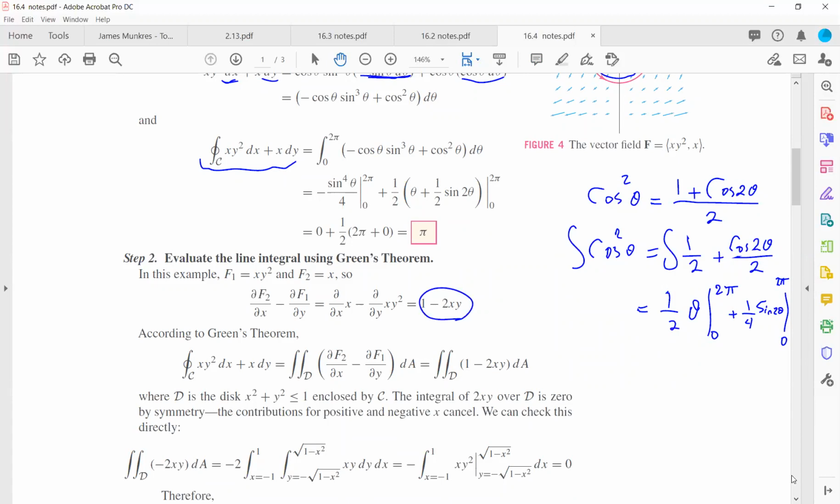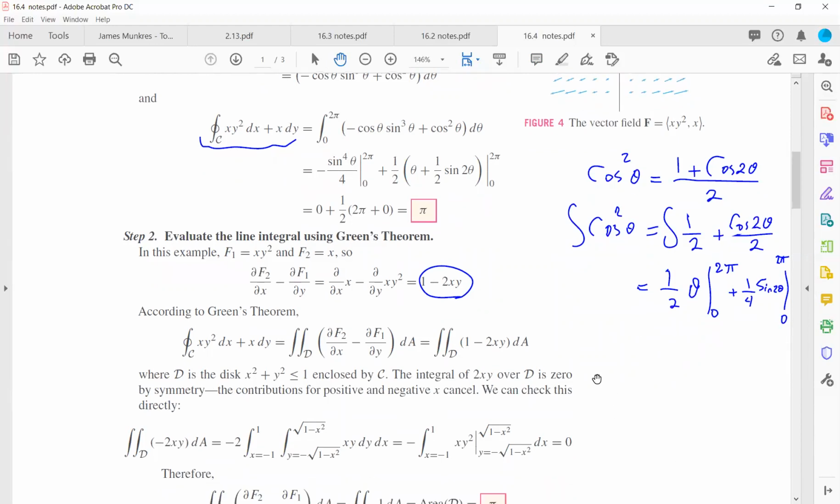Very well. Our line integral using Green's theorem is the double integral of 1 minus 2xy. Remember that your region D is the disk, x squared plus y squared less than or equal to 1.